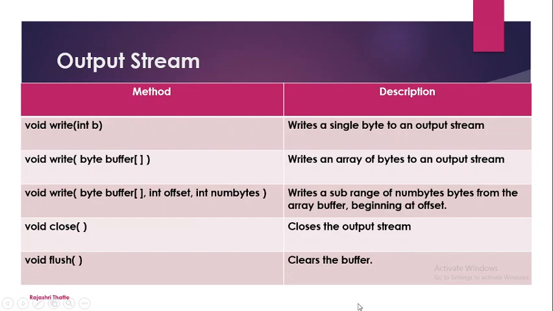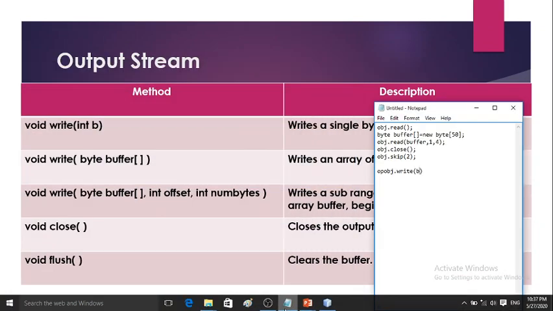For example, again I use OP-OBJ, the output stream object. Here I call the write method. Let us consider again I am using buffer as my array of bytes. Here I write 2 as my index position, and here I write 5.